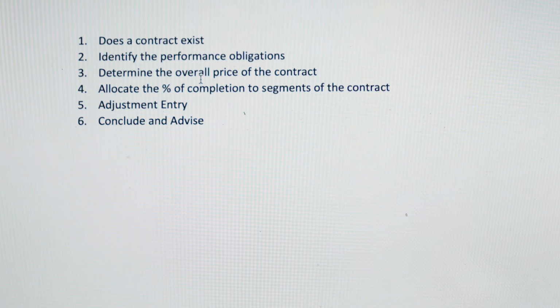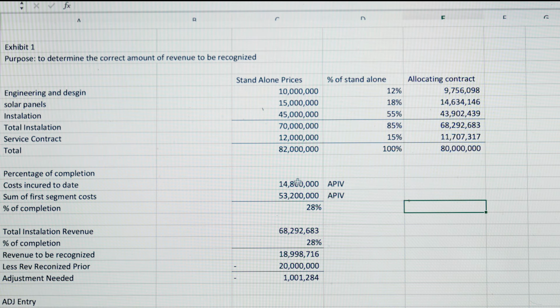Okay, so as you can see here, here are the steps again. Does the contract exist? Identify the performance obligations, determine the overall product price of the contract, allocate the percentage of completion to the segment of the contract, do your adjusting entry, then conclude and advise. So if we look at the allocation here, what you want to do is take your standalone prices and separate them into two segments.